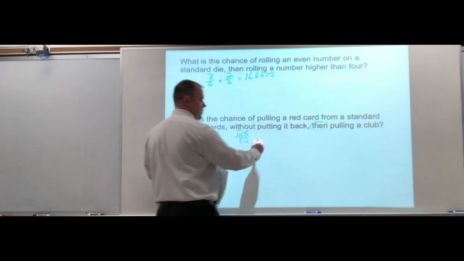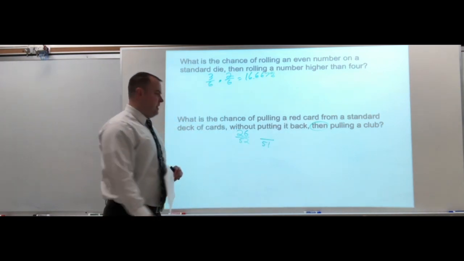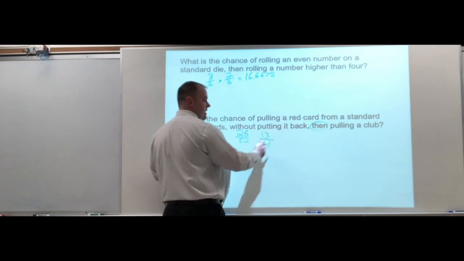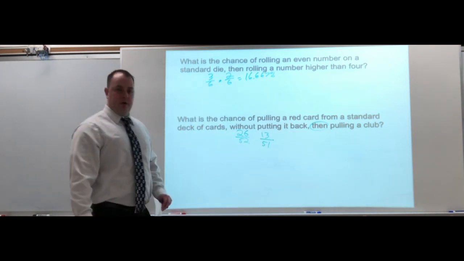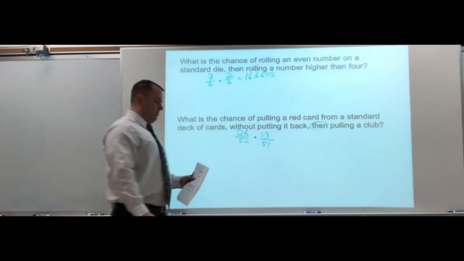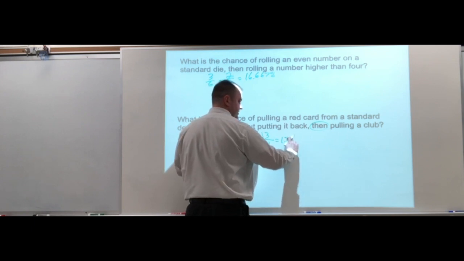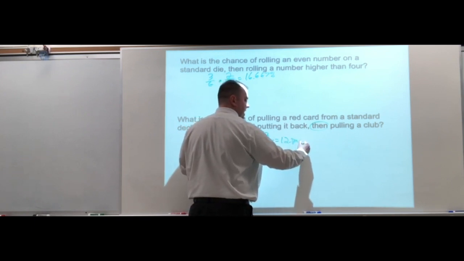Now we only have 51 cards in our deck, and we're pulling a club. There are 13 clubs. So these would be dependent events. The probability changes. It went from 52 down to 51, and now you multiply across, and I have 12.745%.